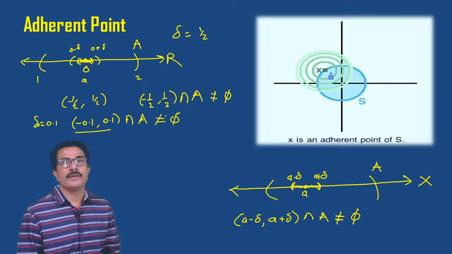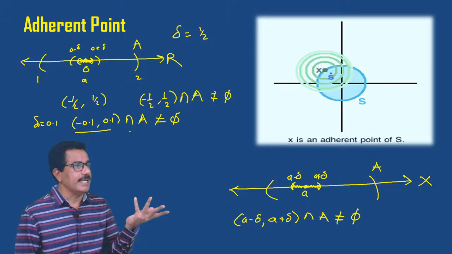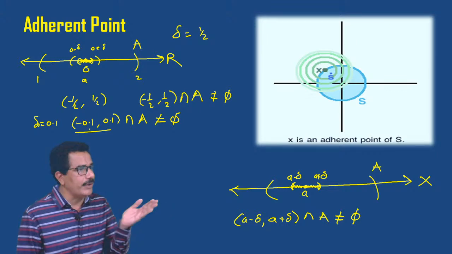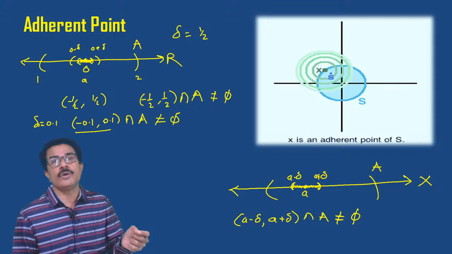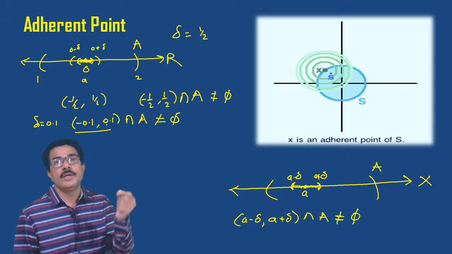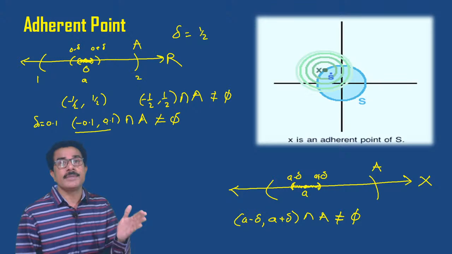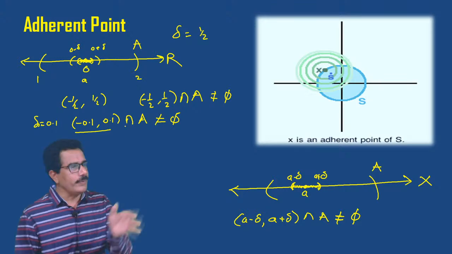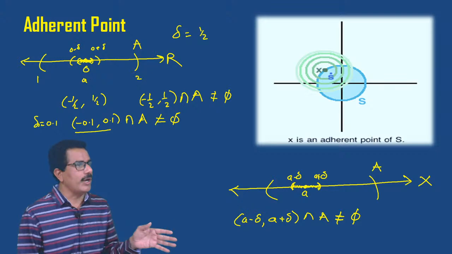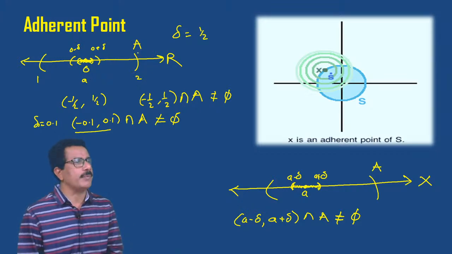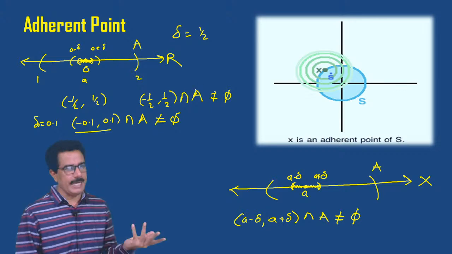Which are those points? In minus 0.1 to 0.1, which points will be there? 0.001, 0.002, minus 0.001. These are the points included. That means it is not empty. So we can say that this point a, small a or 0, is an adherent point of set capital A in the real line R. This is the concept of adherent point.